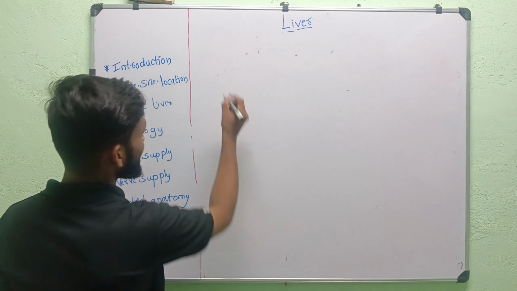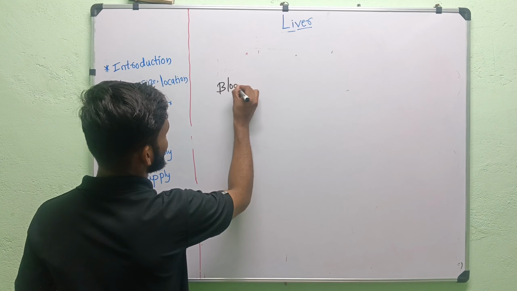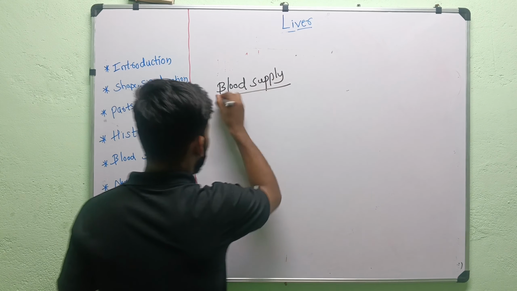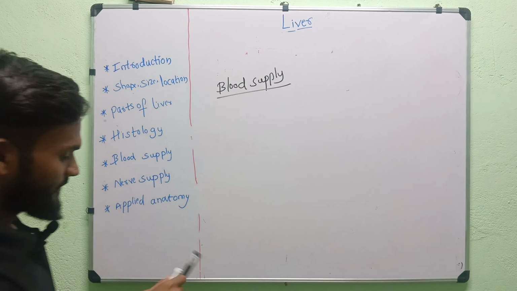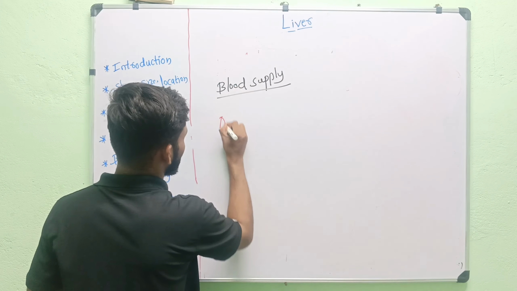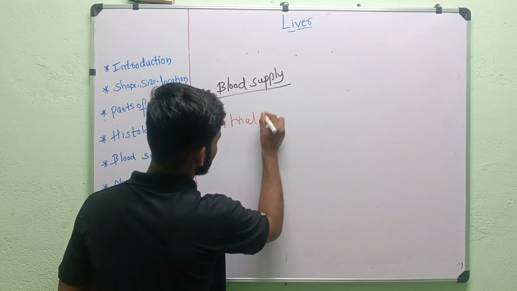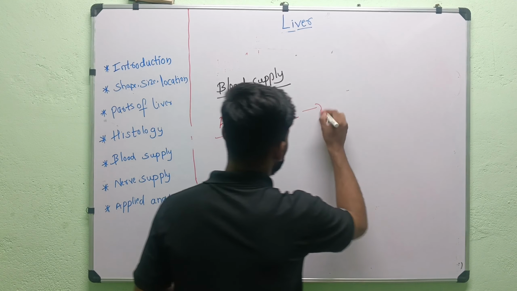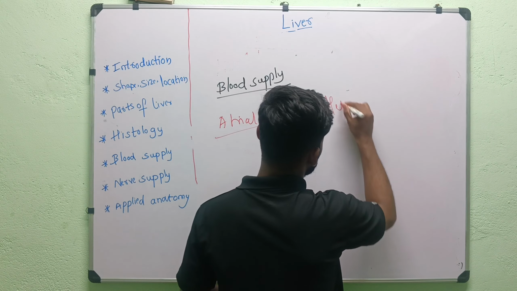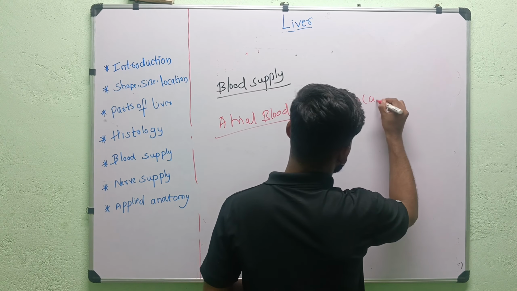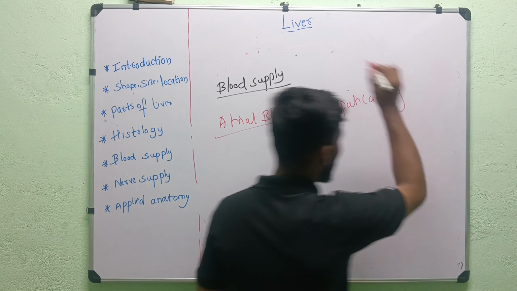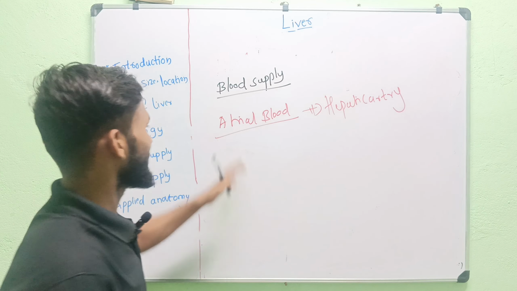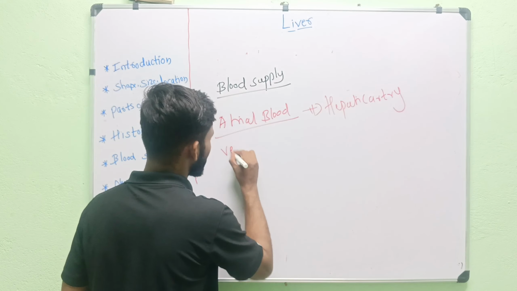Next, we are going to discuss the blood supply. The arterial blood supply is done by the hepatic artery, which supplies purified blood to your liver for its proper functioning. Then there is the venous drainage.